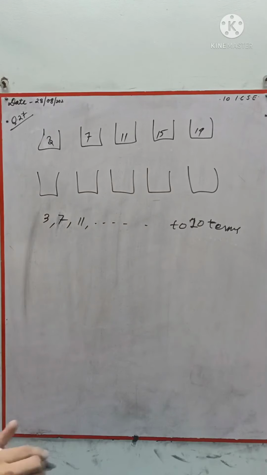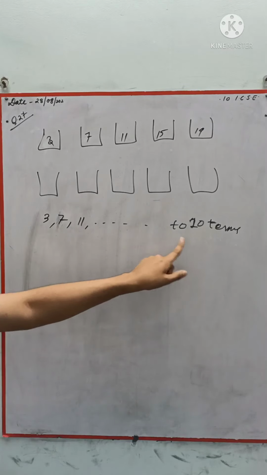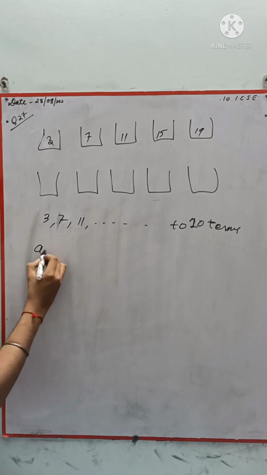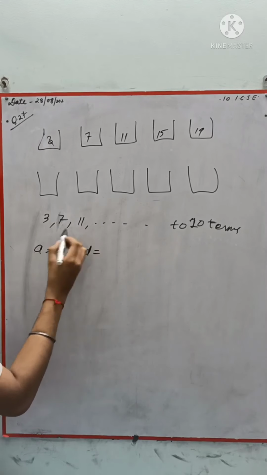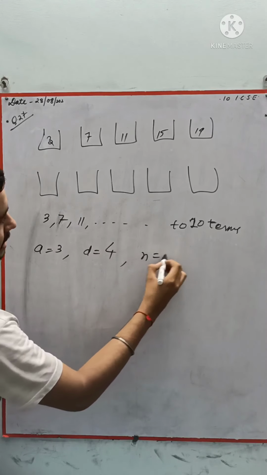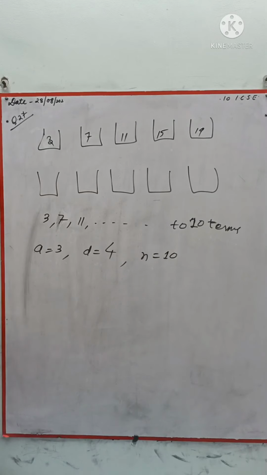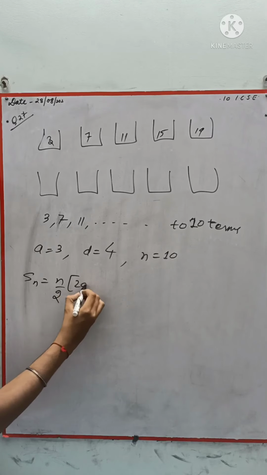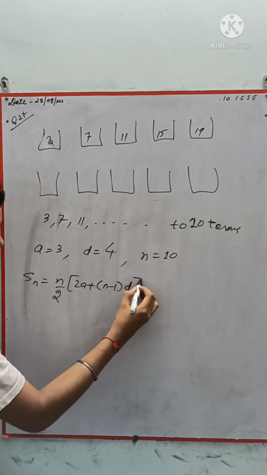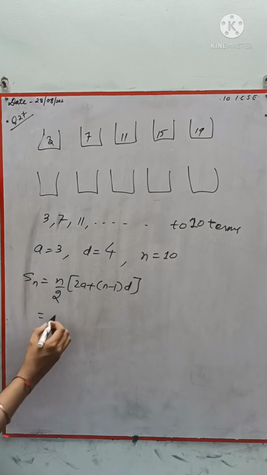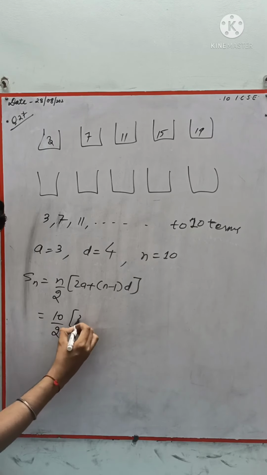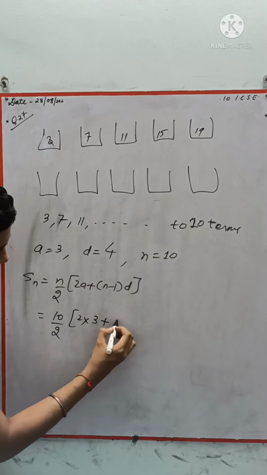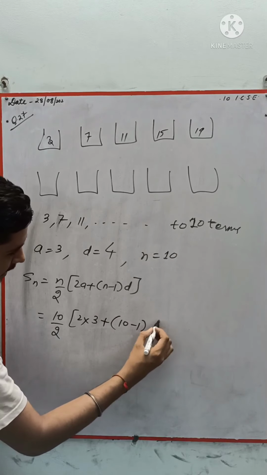Such type of questions we have already done in maybe the 13th, 14th or 15th question. Okay. So what we have to do? A is 3, D is 4 and N is 10. We have to find Sn, which is n upon 2 bracket 2a plus n minus 1 into D. The sum we have to find. So in place of n, 10, 2 into 3 plus 10 minus 1 and D is 4.